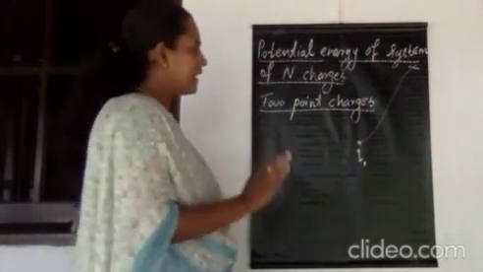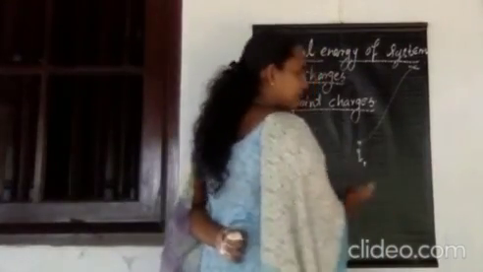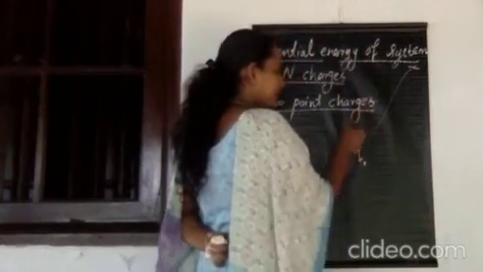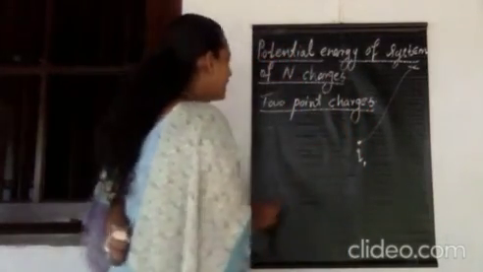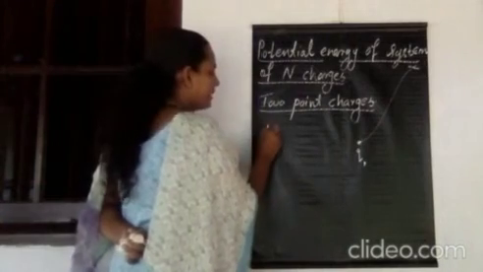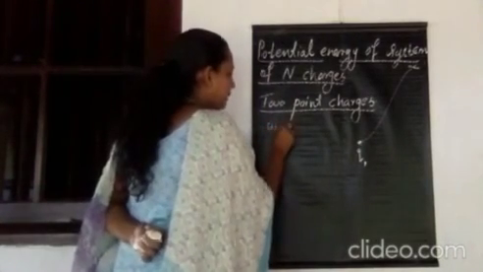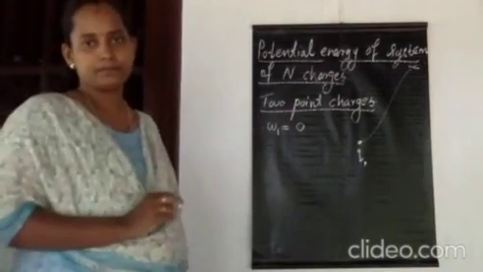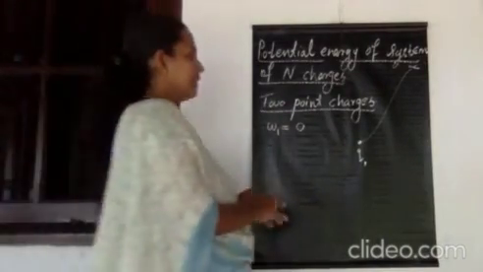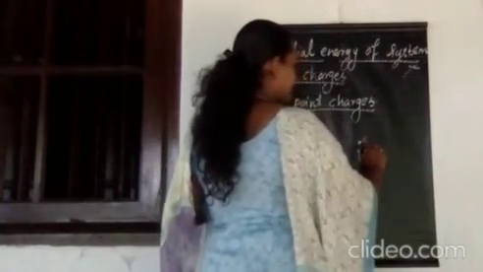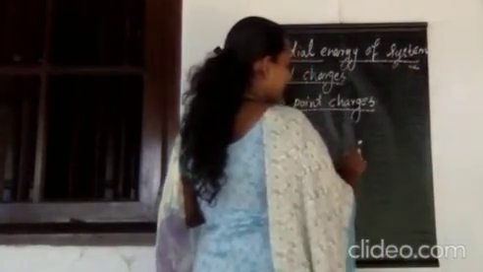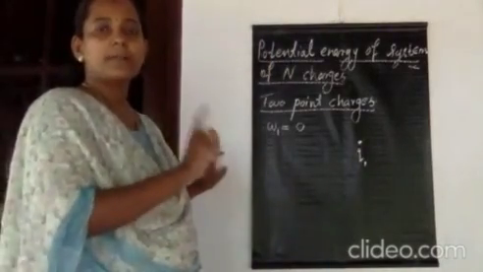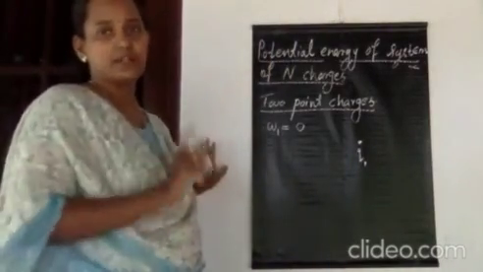But here there is no presence of any other external field. Therefore, the work done to bring the first charge from infinity to a given point, W1, is equal to 0, because it is coming into a field free region.